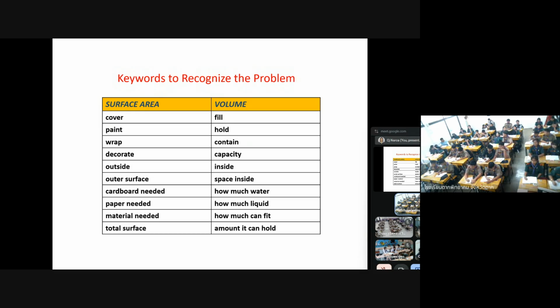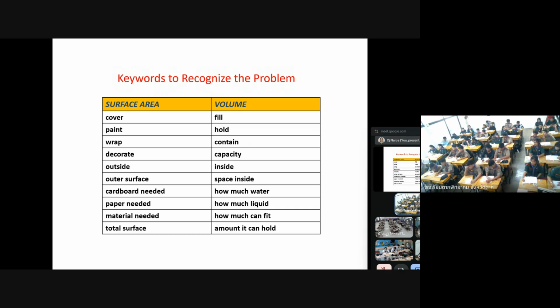Okay, next is capacity. Repeat after me. Capacity. So this is the capacity of any object like a prism or cylinder. Capacity inside. Next is space inside. And then how much water? That is volume also.